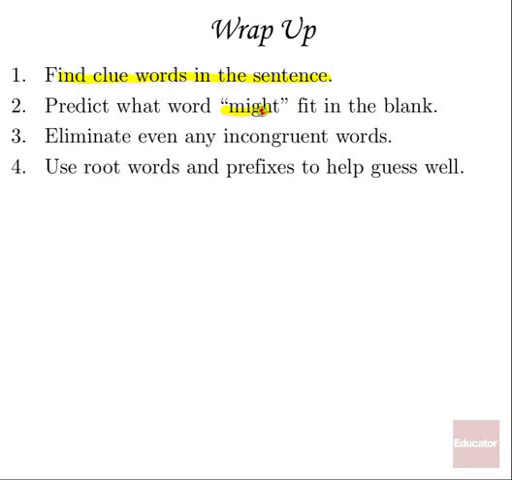Once you do that, compare the answers with synonyms for that word. Always, always, always eliminate incongruent words and you'll bring that down to 2 of 4 or 3 of 4 right away. Most importantly, memorize those words and those prefixes, and that'll help you when you have to guess.